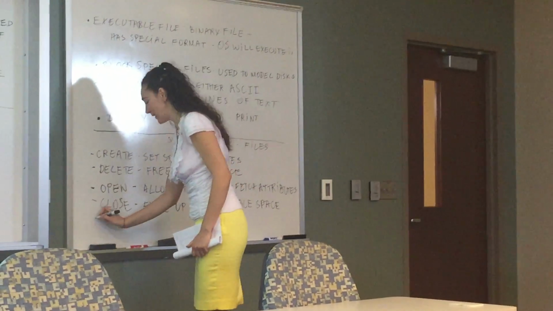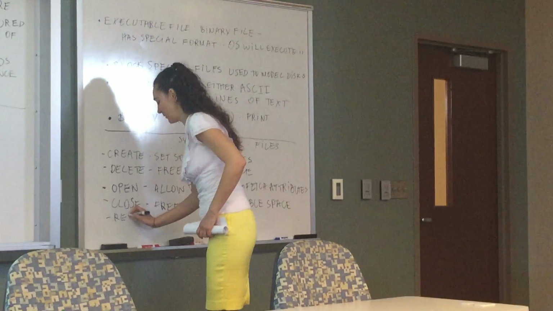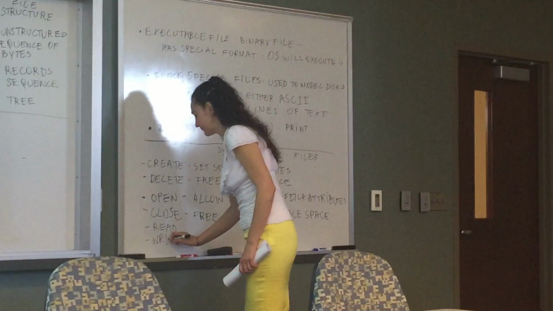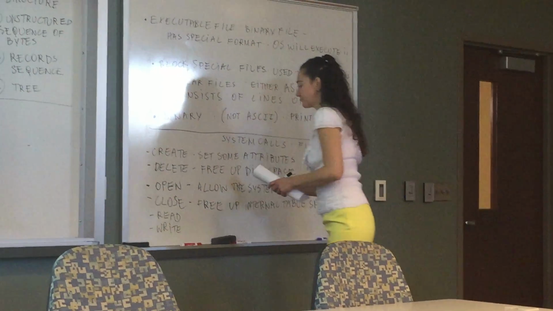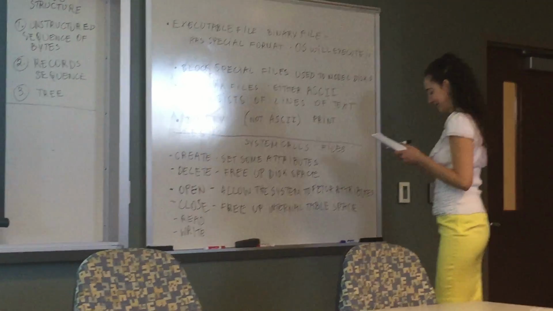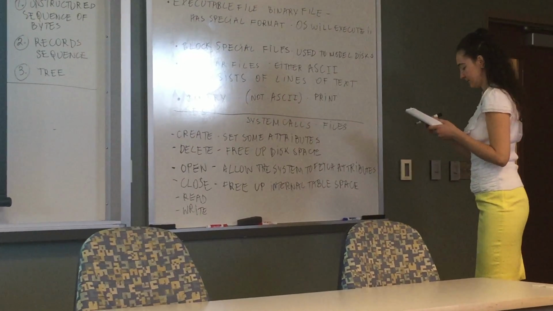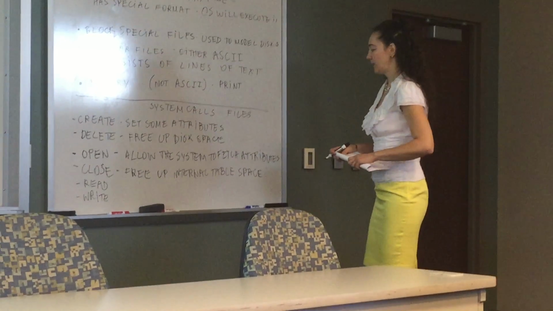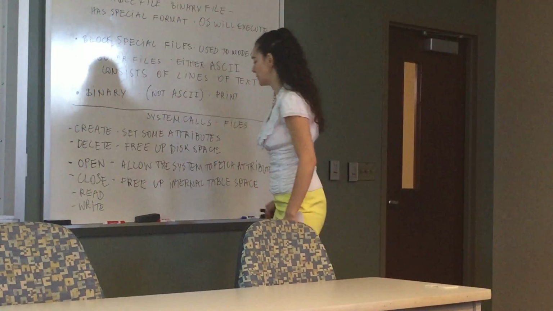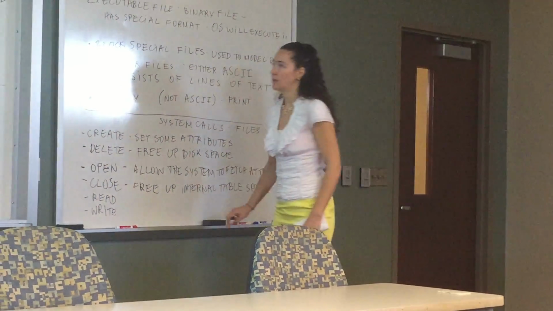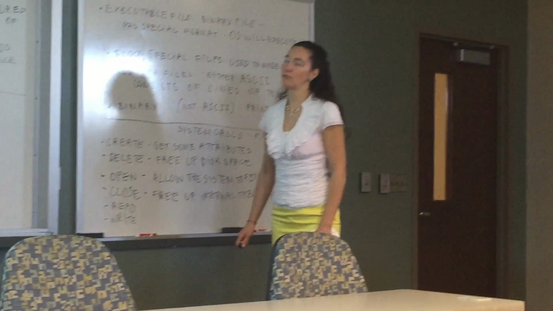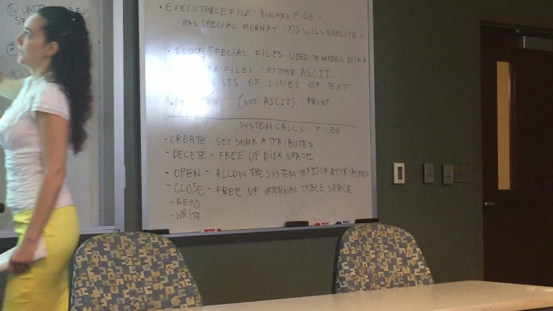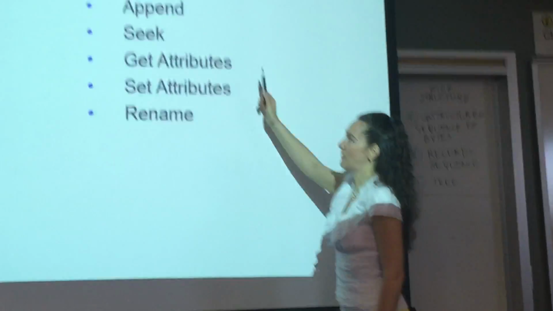If we want to read or write into the file, we have to make system calls for that. We have other system calls. Append is a special form of write where we add the information to the very end of the file.